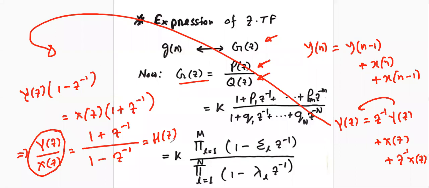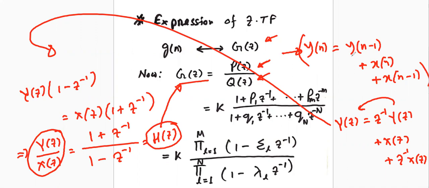Output divided by input. So you can compare with this: H(z) is G(z), P(z) is your Y(z), and Q(z) is your X(z). So for any discrete system, H(z) equals Y(z) divided by X(z). This is an example of an arbitrary discrete system.